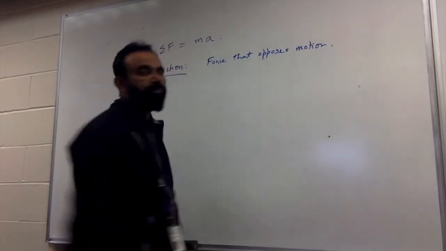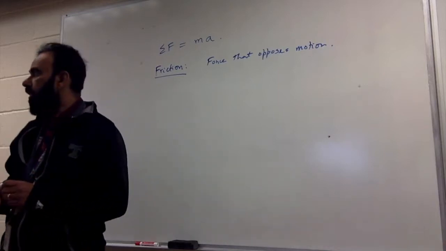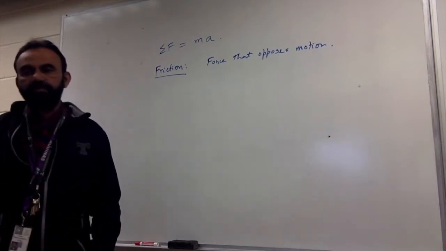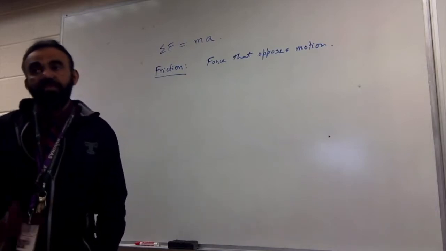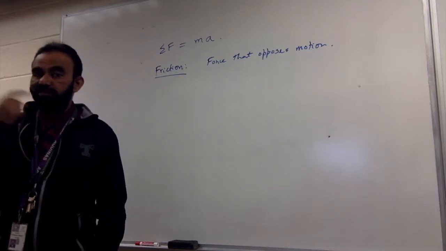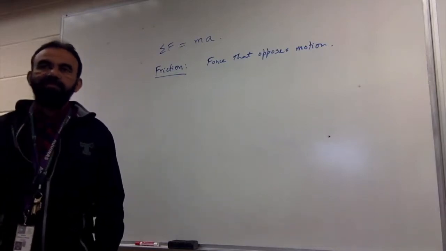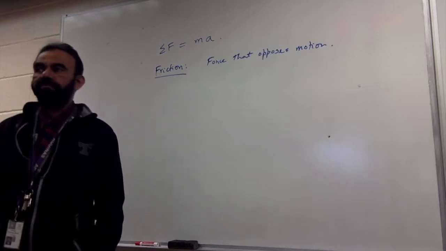Is this the last one? Kind of. Friction is a force that opposes the motion. Now it's pretty easy to say friction is a force that opposes a motion, but it's a very important topic. Friction itself is a very important topic. It's a force that opposes motion.